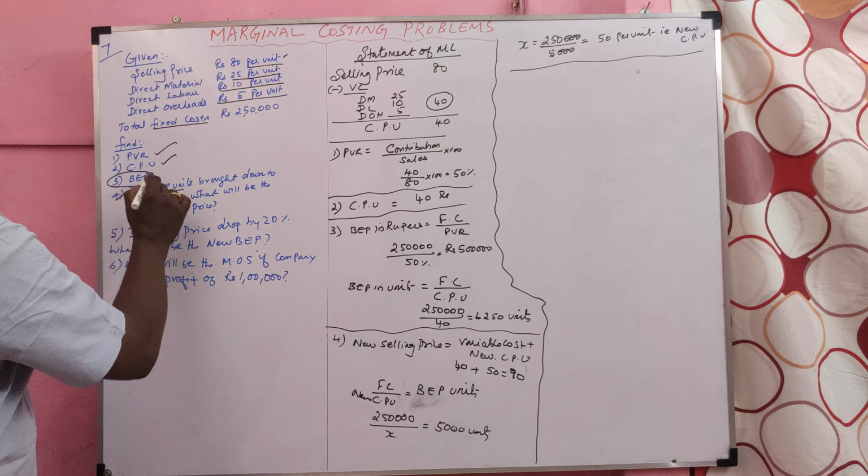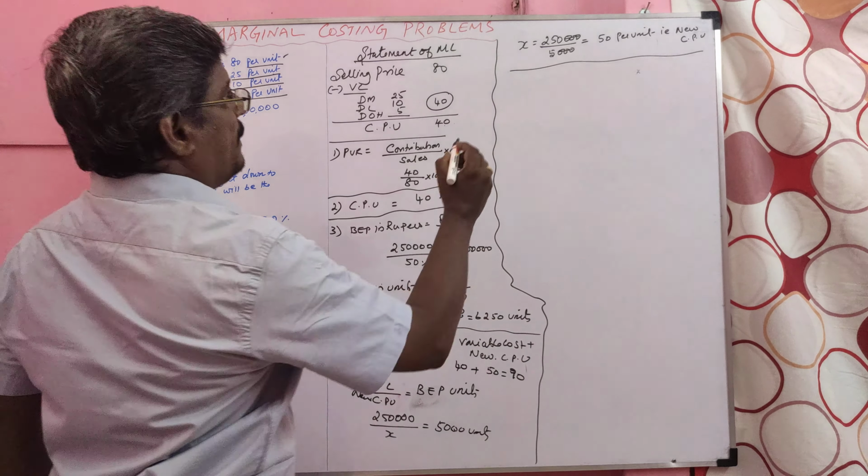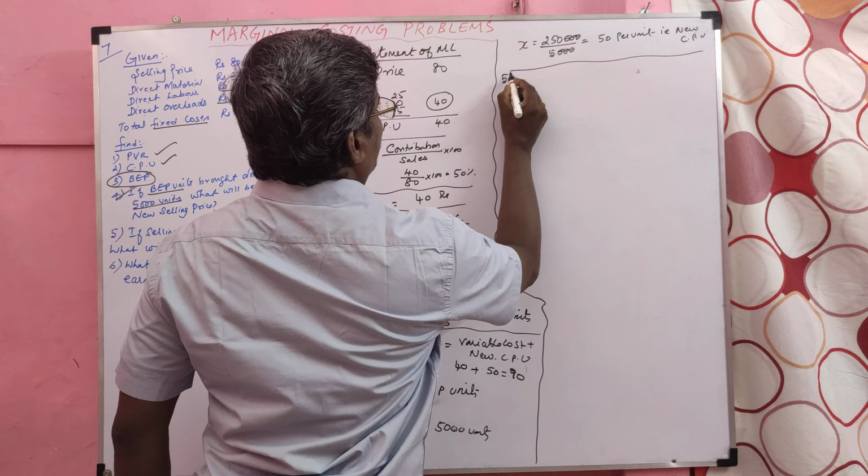Next, question number 5. If selling price drops by 20%, we are going to reduce the selling price. What will be the new BEP?